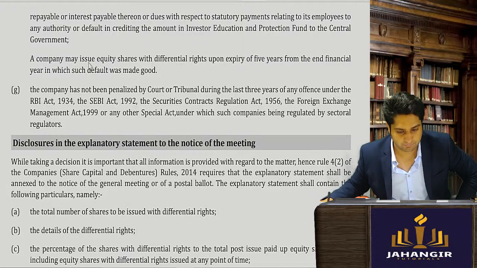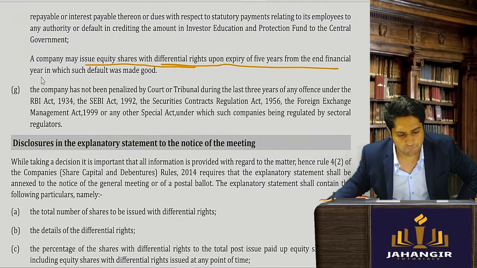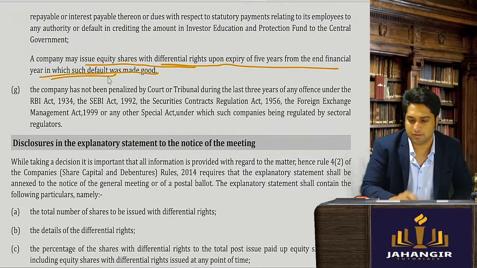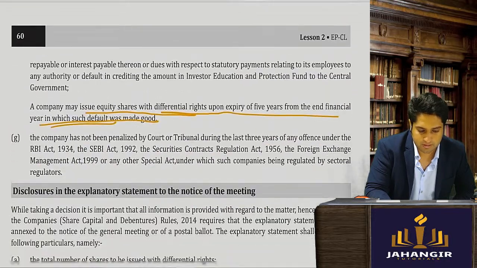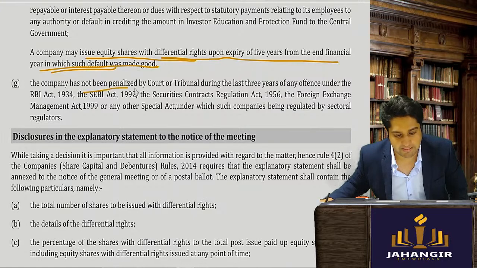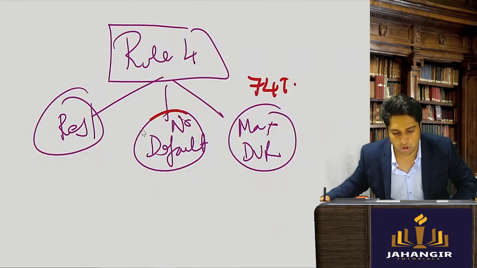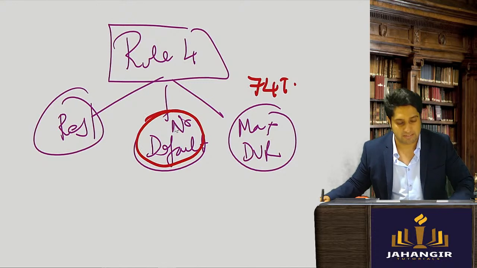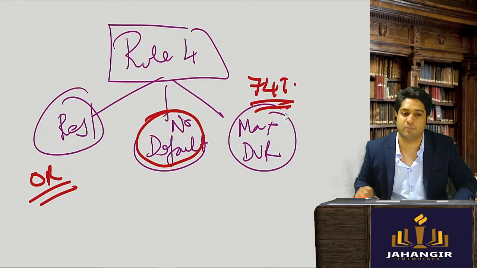The company may issue equity shares with differential rights 5 years from the time the default was made good. And the company has not been penalized by the court. So they talk about not being penalized and all those points. Ordinary resolution is required, maximum 74%.